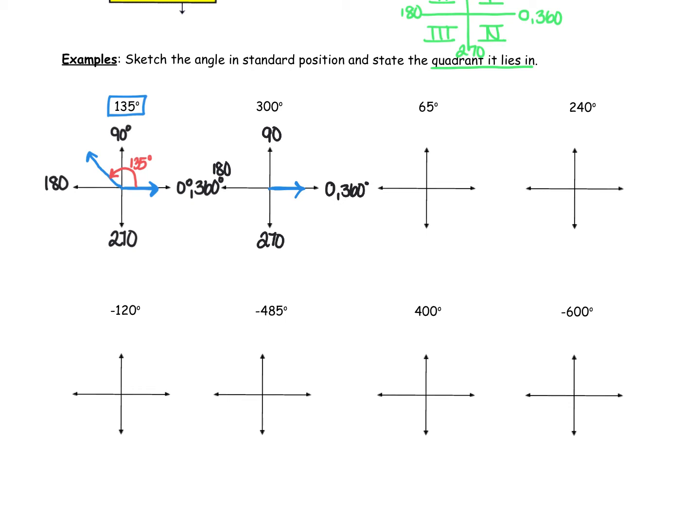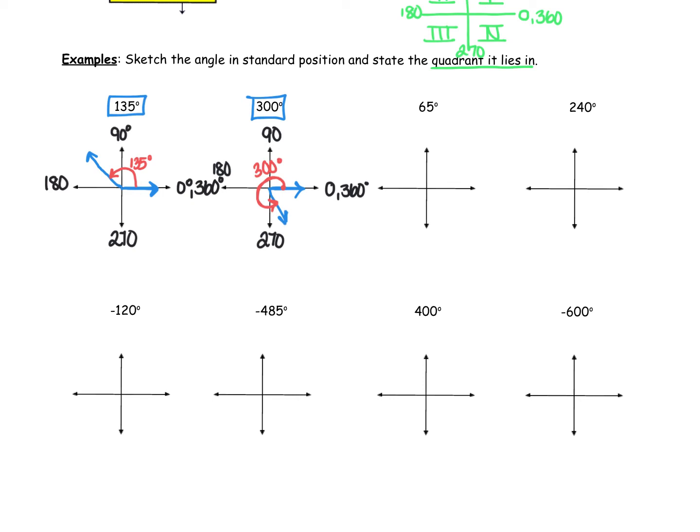So 300 degrees would be an angle that would be between 270 and 360. So we can go ahead and put our terminal side in here. And then we also need our directional arrow to show that I'm starting at the initial side and moving around. So this gives me 300 degrees.